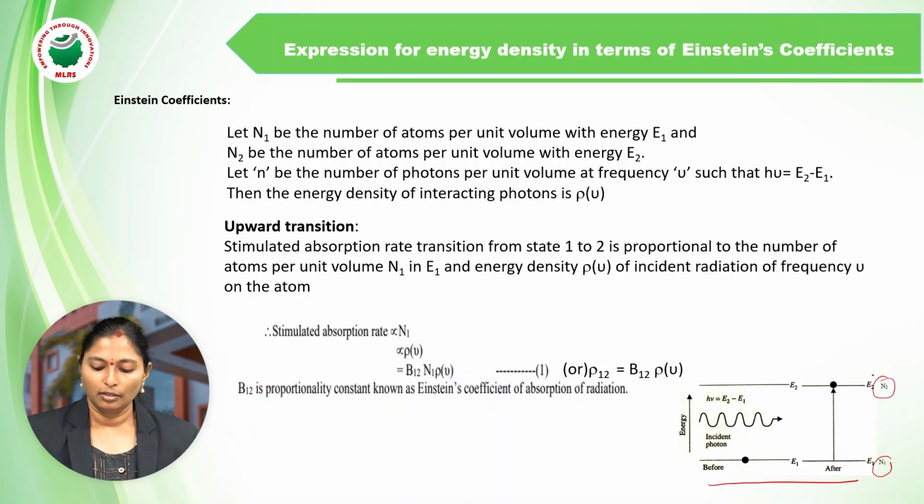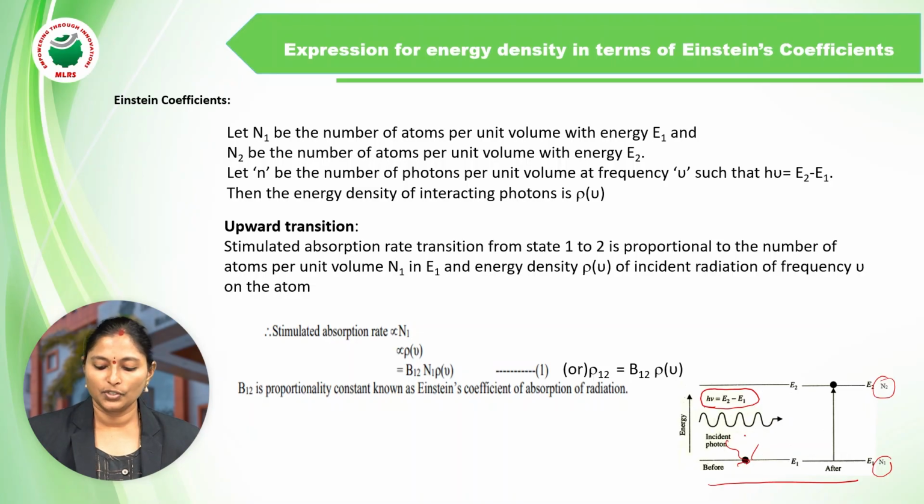In the first process, what is going to happen? All the atoms are in the ground state. To these atoms we are giving some energy, which we call photon energy. This energy is the difference between E1 and E2.